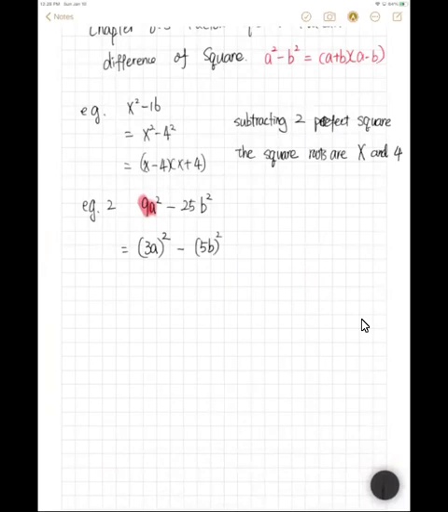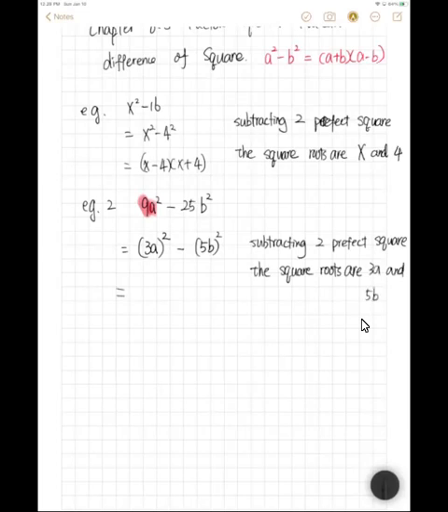So we will have subtracting two perfect squares, and our square roots are 3a and 5b. So now we use our difference of squares.